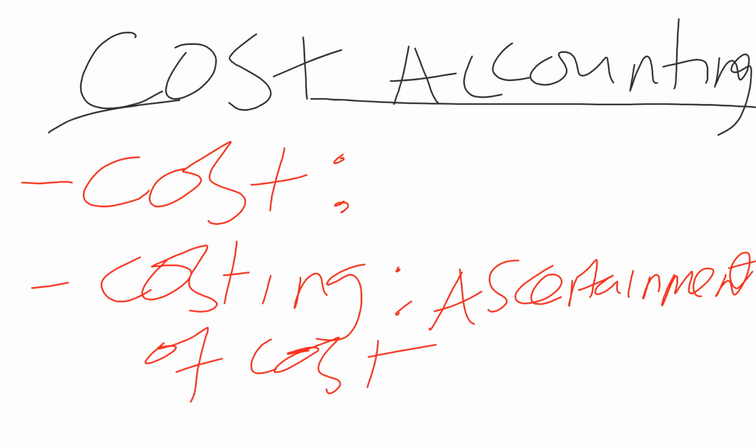Okay. Now that we have known what costing is, then having the background in financial accounting, we know what accounting means. Okay. Accounting just deals with summarizing, interpreting, and reporting the financial data. That is accounting. When you're summarizing, and after summarizing, you interpret.